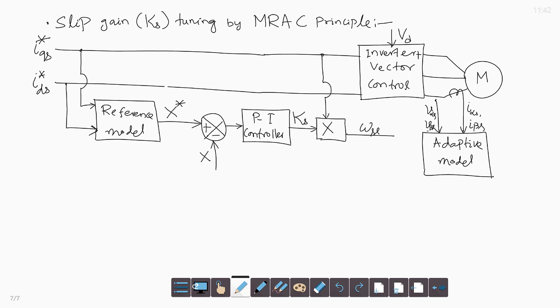Using the adaptive model and these inputs, it estimates the output x, which is subtracted from the reference x star and processed through a controller, and multiplied with IQS generates the omega SL, which is the input to the vector control drive. So, this is the scheme of parameter tuning using the MRAC principle.